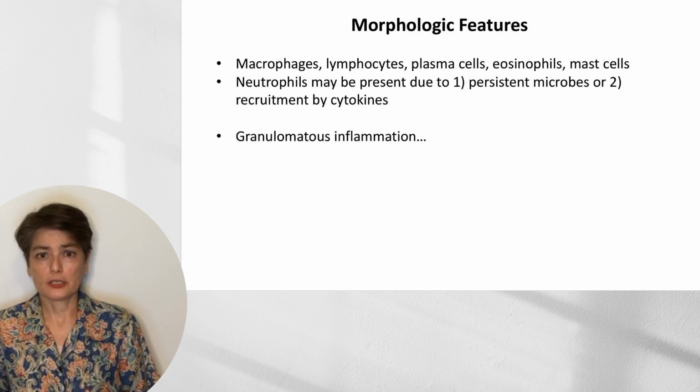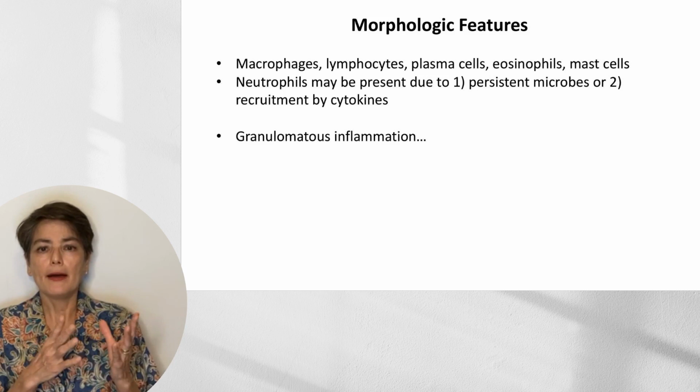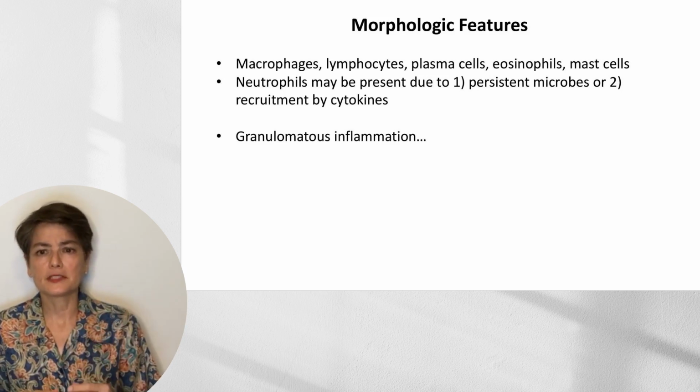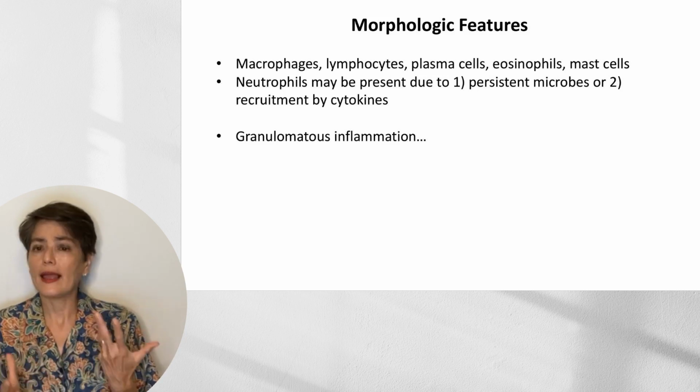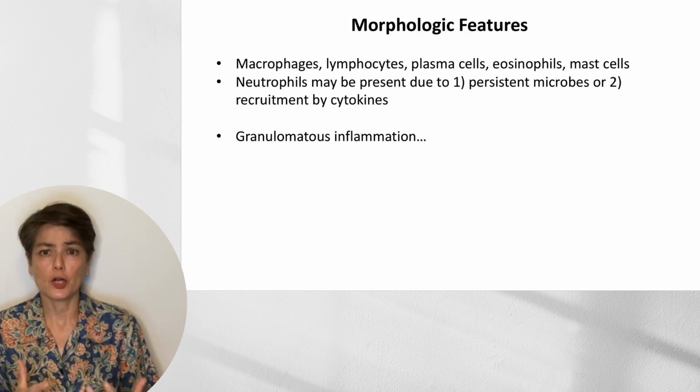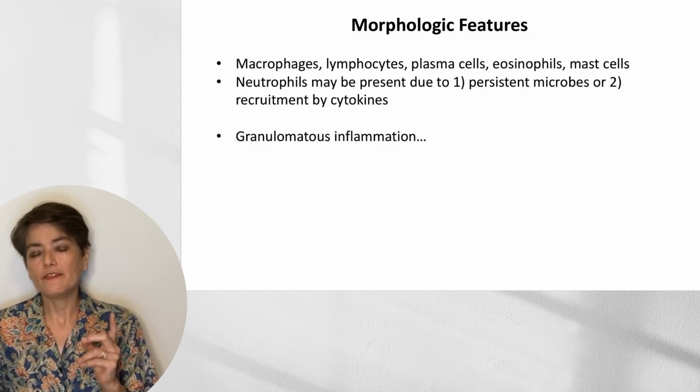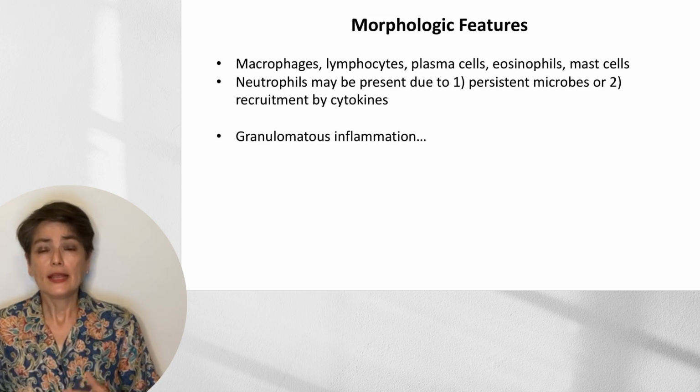So morphologically, we'll see mixed inflammation in chronic inflammation. Macrophages, lymphocytes, plasma cells, eosinophils, mast cells, cast of thousands. So pretty much any type of cell can show up in chronic inflammation. And in fact, neutrophils can be there, either because there's some sort of persistent microbes.